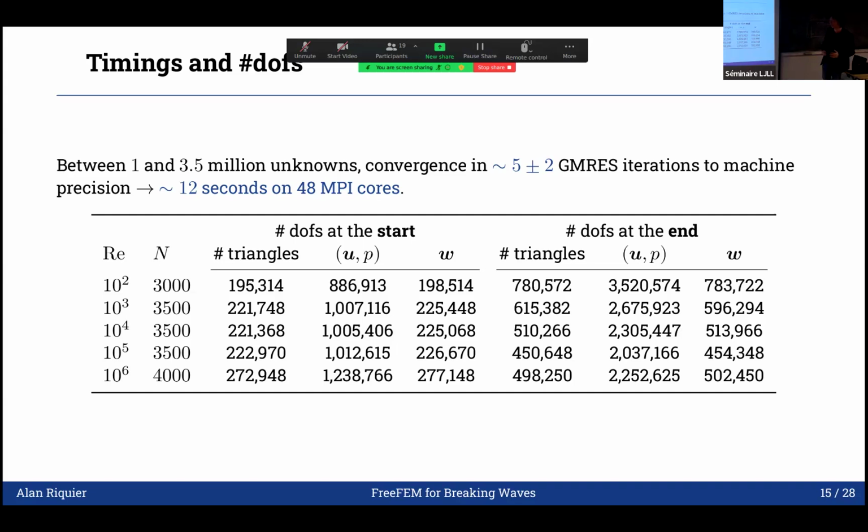I will show you the mesh afterward. So the number of triangles will increase from the start to the finish. And as you will see, by the end, we'll have at most 3,500,000 degrees of freedom for the largest simulation.